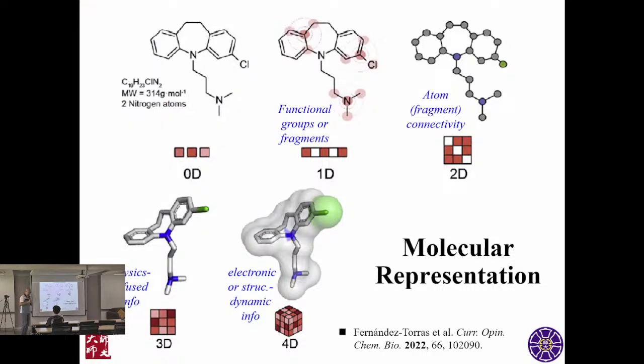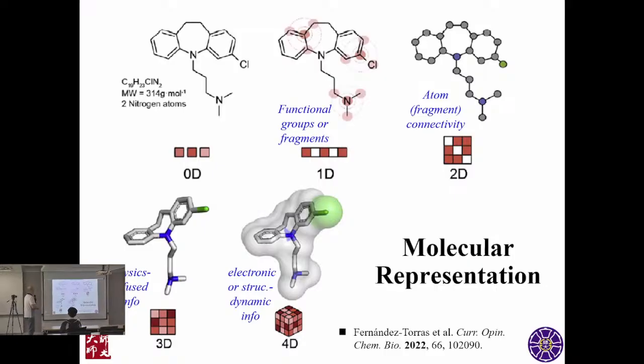I'm going to talk about how we look at the molecule or the material from the very beginning. This is called representation. By giving a more quantitative description, people can represent the molecule in different ways. If you write a molecule as a chemical formula, it can only tell you the molecular weight and the number of atoms.